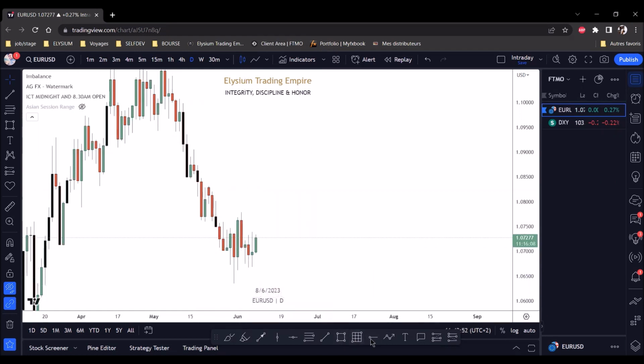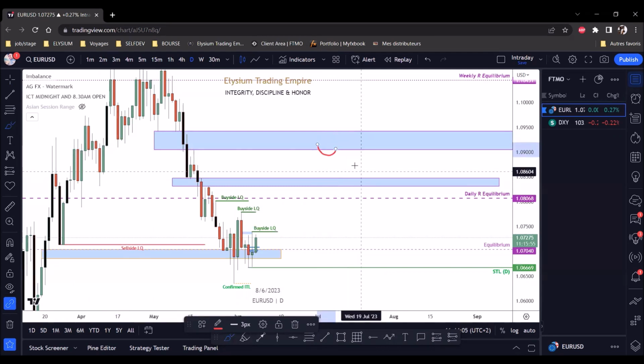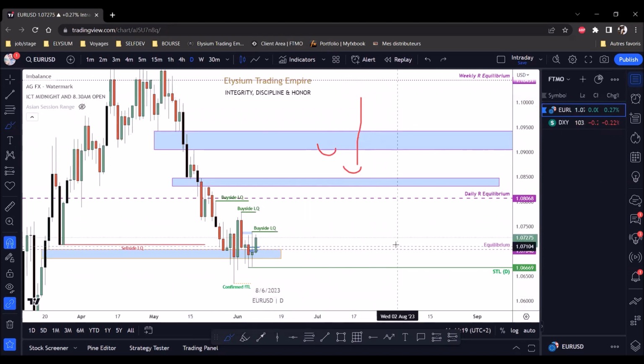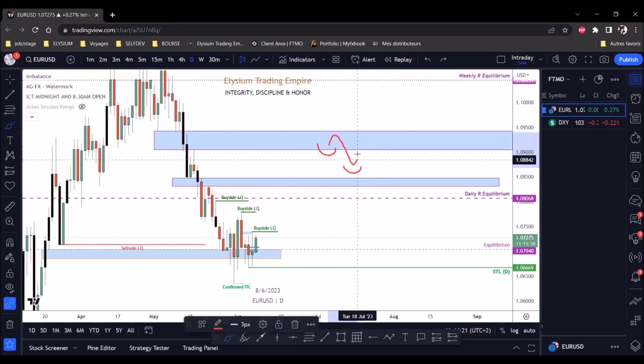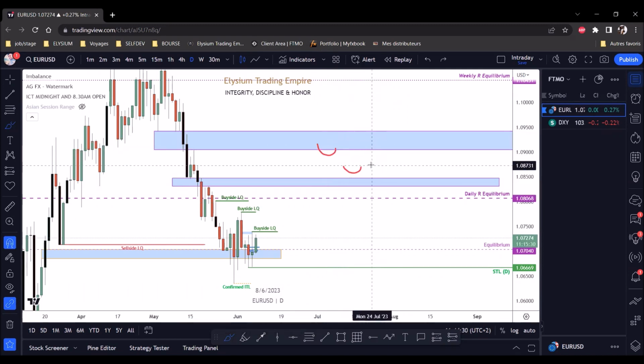If you remember, an intermediate term low is confirmed in two ways. Either you have a big move with a fair value gap, which confirms that this is an intermediate term low, and then you can trade from the retest, or you don't have a fair value gap, so you wait for confirmation, another swing low on the right.